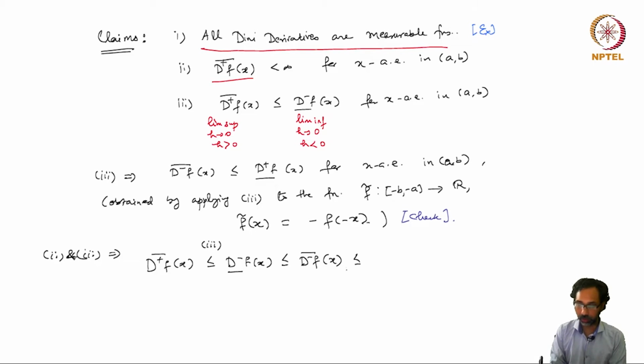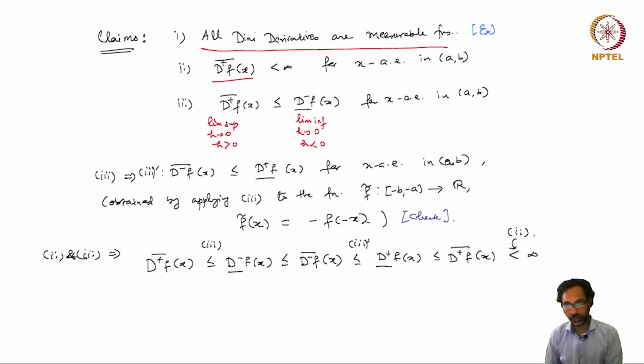and then again by the consequence of this, so let me call this 3 prime. So this is by 3 prime, we have that this is less than or equal to the d plus f lower bar, and this is again less than or equal to the d plus f upper bar of x, and this is finite by the second part.